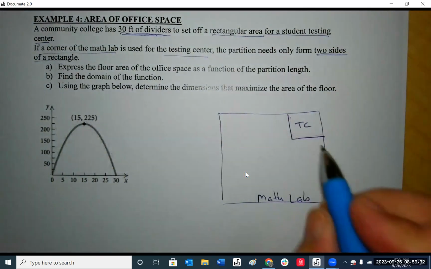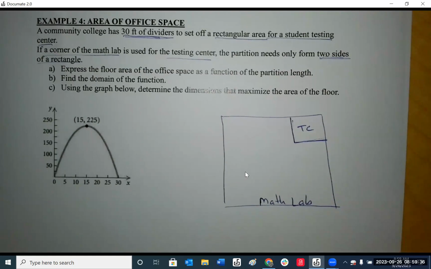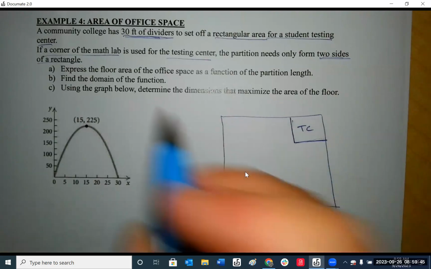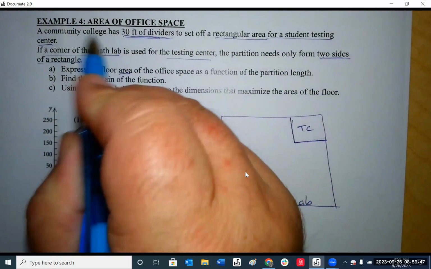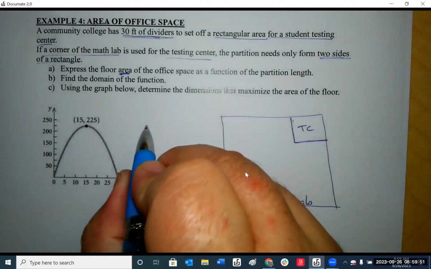But we need two sides. So what formula are we going to use? Do we know what formula we're going to use already? Area, yeah, because it says the area of the office. So what's the formula for area?